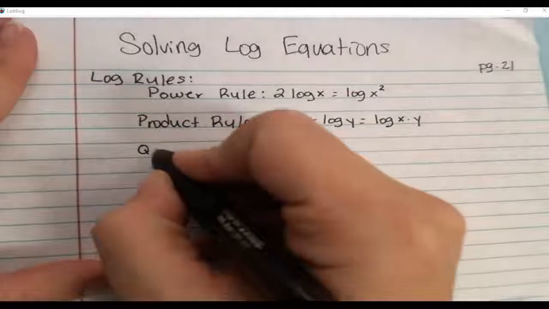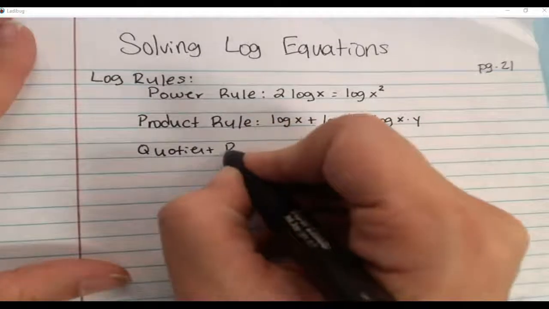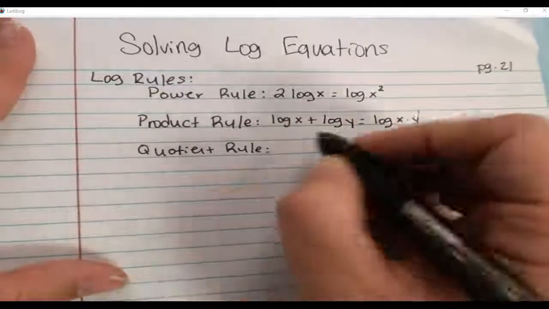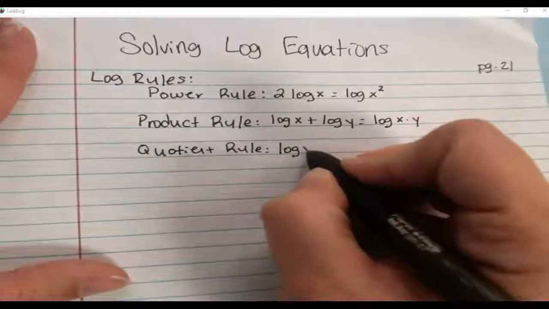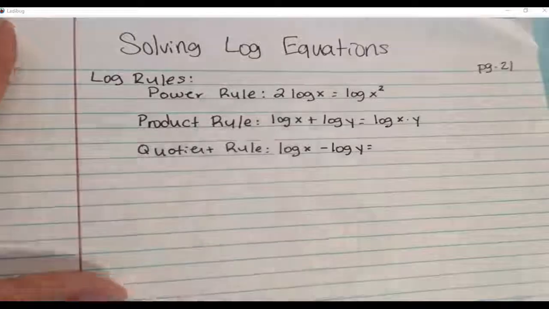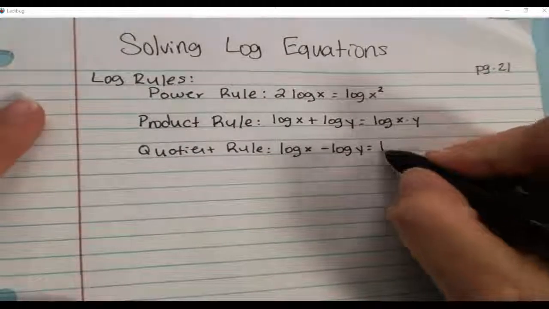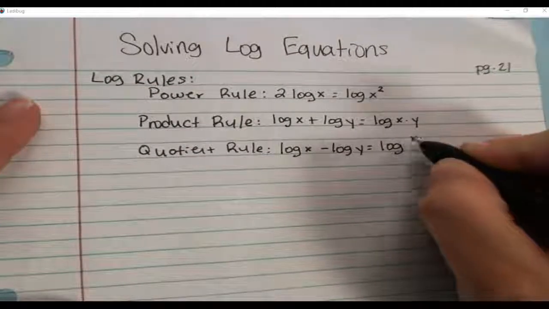And our last one is the quotient rule. And it's when you have subtraction. So we have log of x minus log of y. And subtraction becomes division. So log of x divided by y.